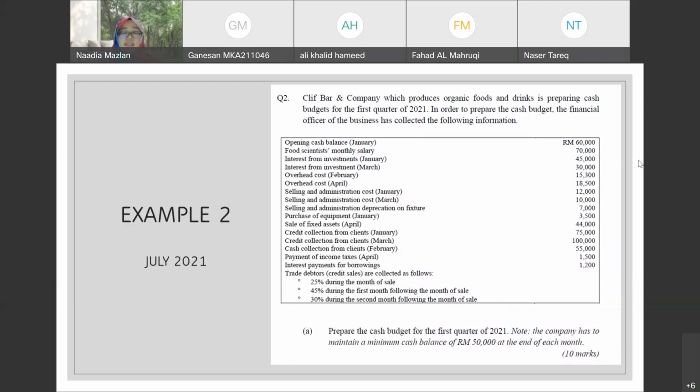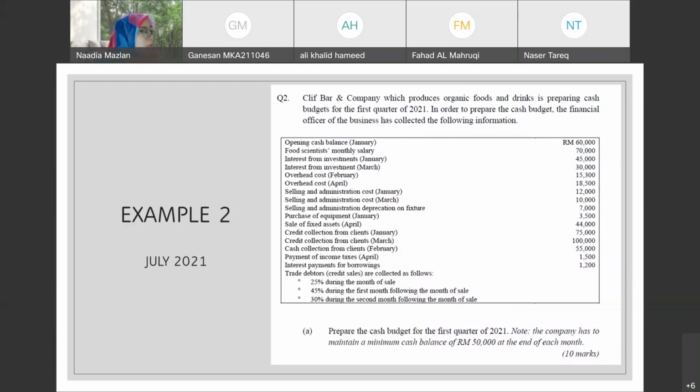So this is from the 2021 July final exam paper. Cliff Bar and Company, which produces organic foods and drinks, is preparing a cash budget for the first quarter of 2021.